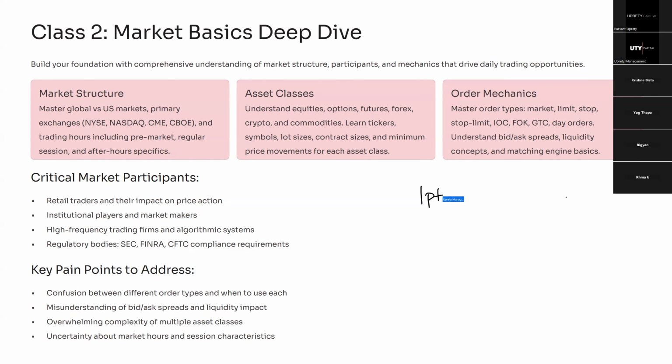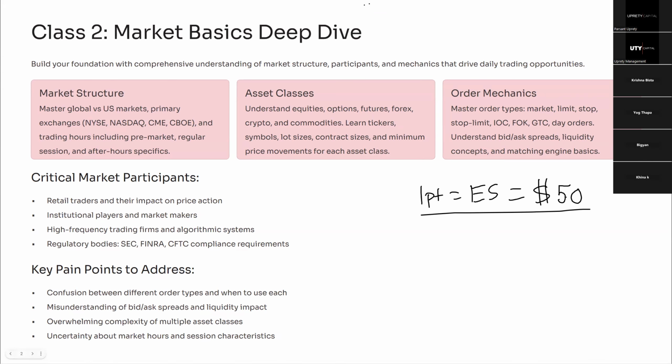1 point on ES equals $50. Meaning that if ES moves a full dollar, which is once again 10 points on ES equals $1 on SPY, and we're not going to do the math on the carried interest, then that means with 100 shares, we would make $100.